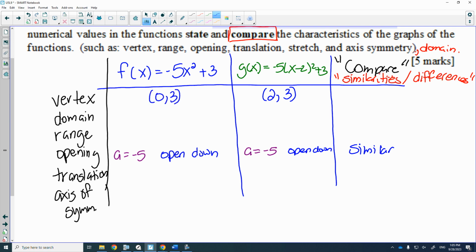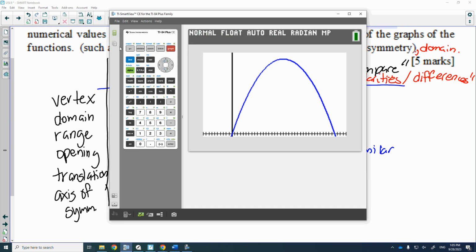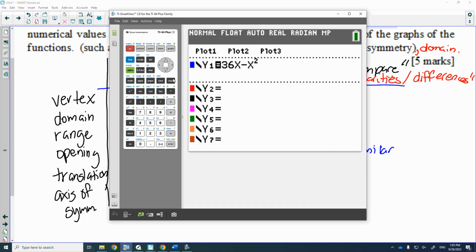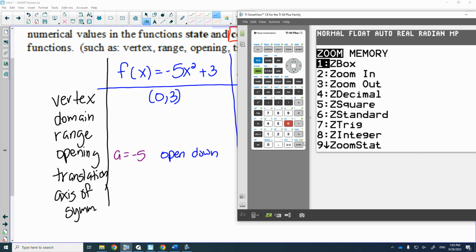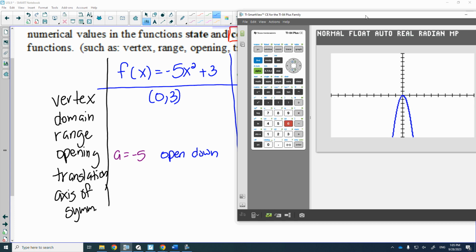Now, if you were unsure about that, you are just punching it into your calculator. Okay, so you're punching in negative 5x squared. That's the A value, which is going to tell it to open down. This is the Q value right here. That's the Q value. There's no P value. So if I graph this, zoom 6, this is what this graph would look like.